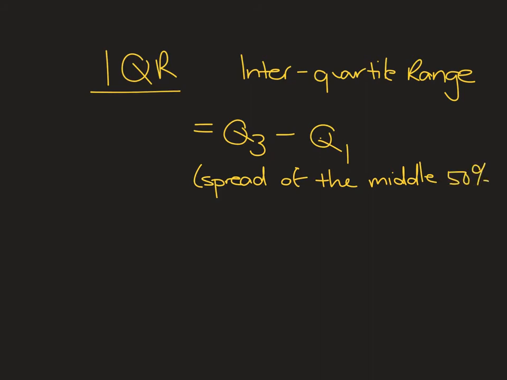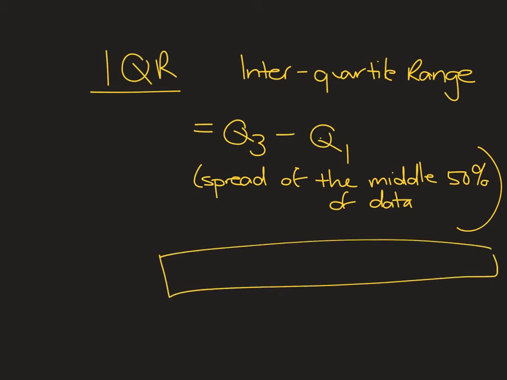Because if you think about it, what we're doing by calculating Q3, Q1 and Q2 is we're splitting up a data set that looks like this. This is our whole data set, and we're splitting it up and going 25%, 50%, 75%. So this is Q1, and that's 25%. This is Q2, that's another 25%.